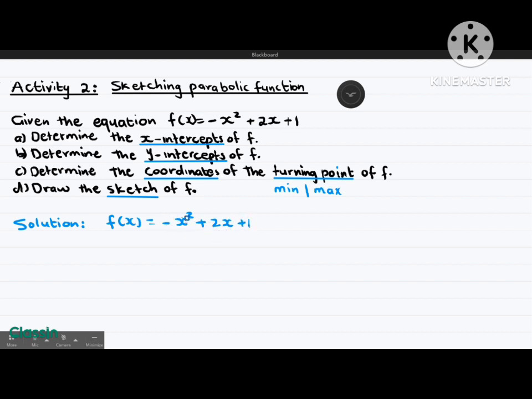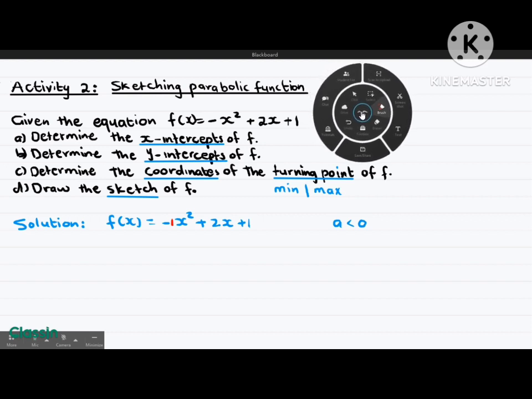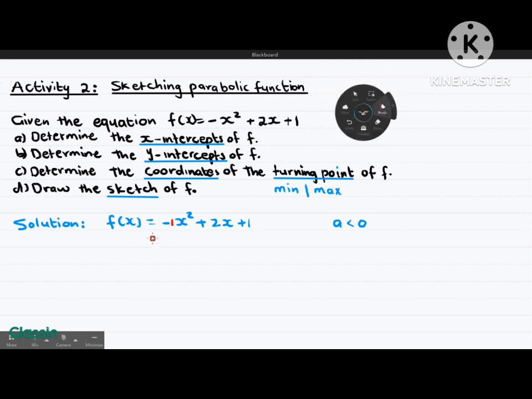Our value of a in this case is less than 0. Why do we say that? Because the equation starts with a negative. If there is a negative and you don't see any number, it means that the number must be 1. So in other words, we have negative 1.